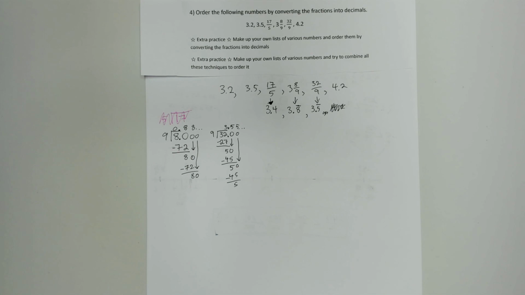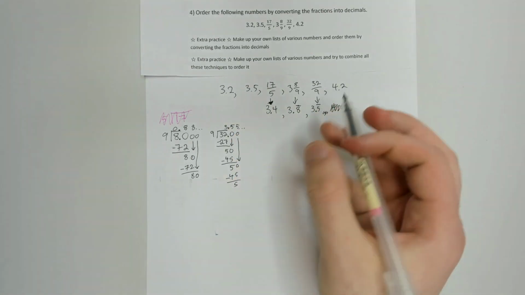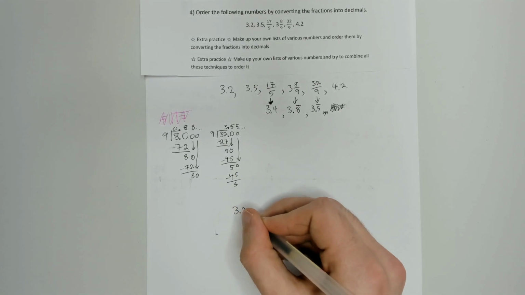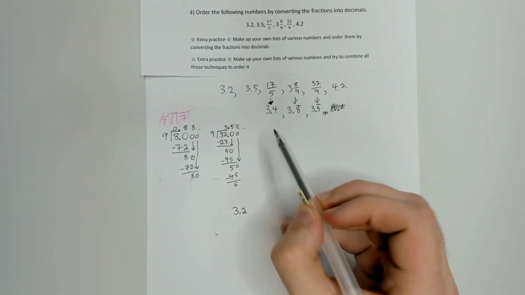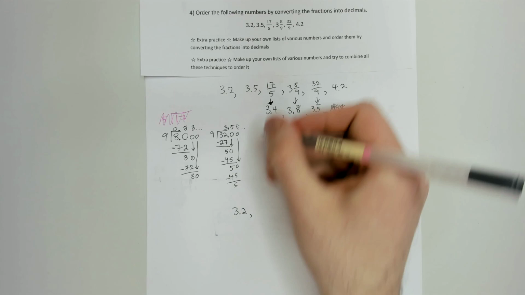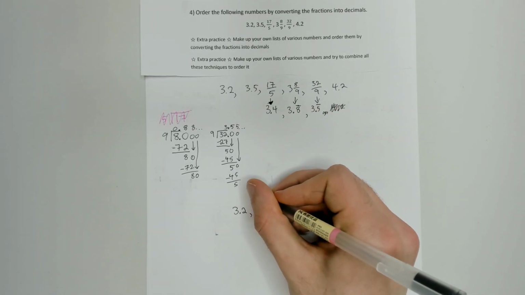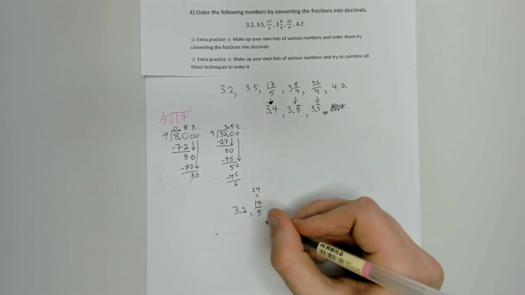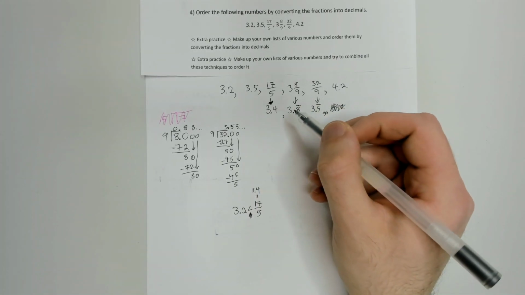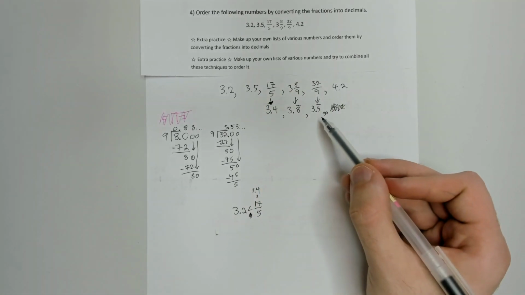Okay, so now they're all expressed as decimals, and it's going to be really easy to order them all. So the smallest one here is 3.2. And then the next smallest is 3.4. But again, 3.4 was 17/5, right? That was the original fraction. So we'll write 17/5. And then after 3.4, we got 3.5 and 3.5 repeating.